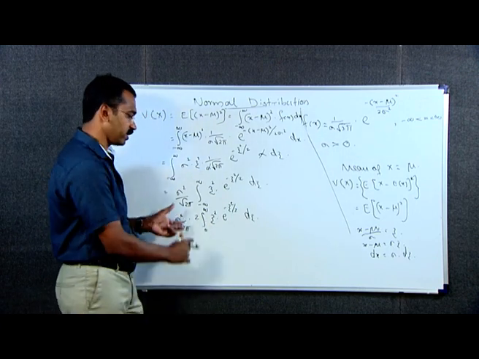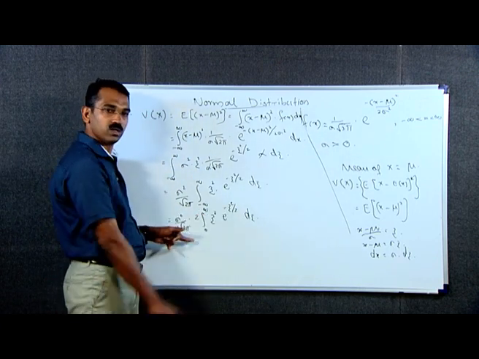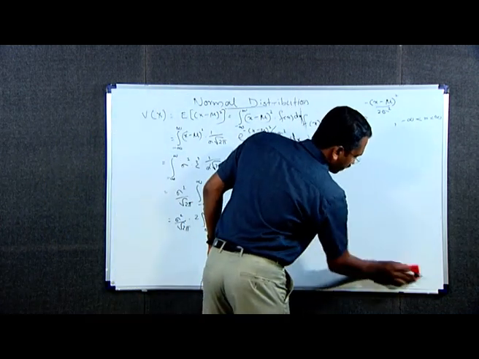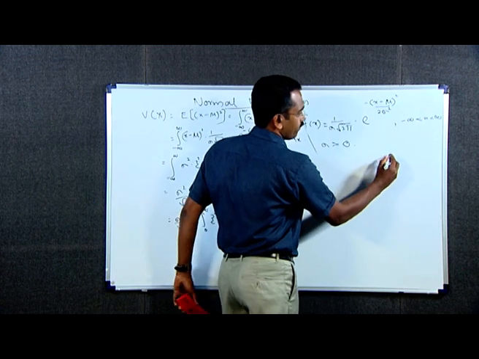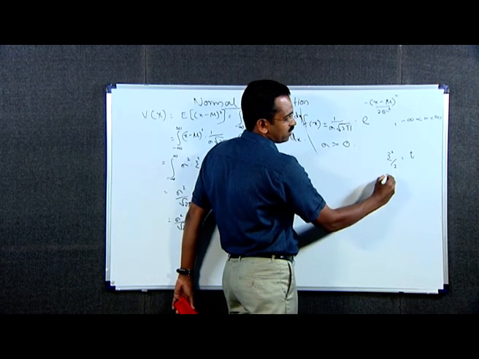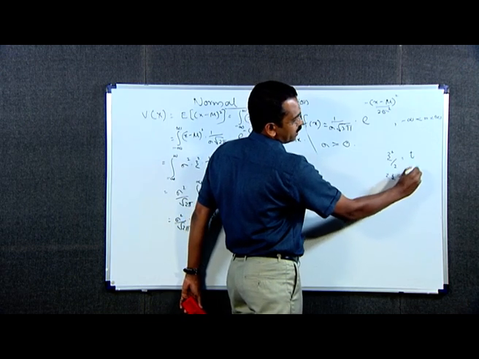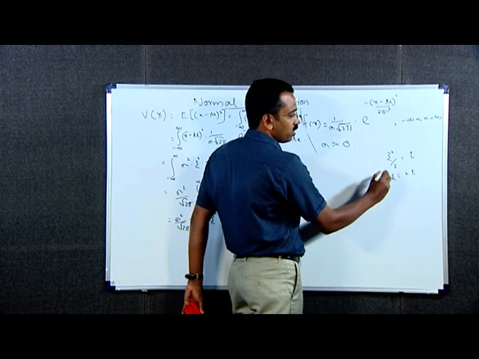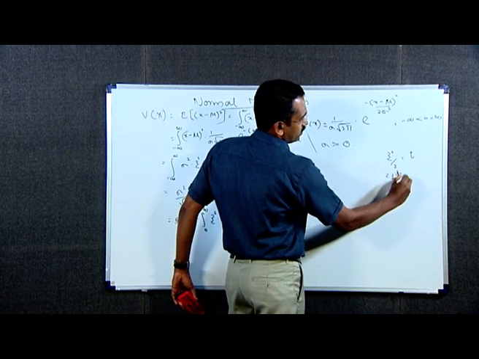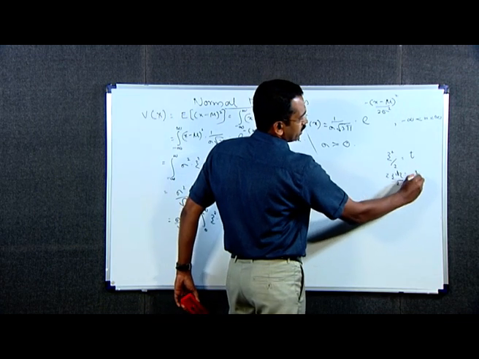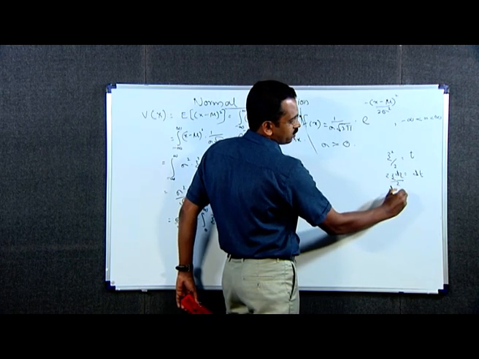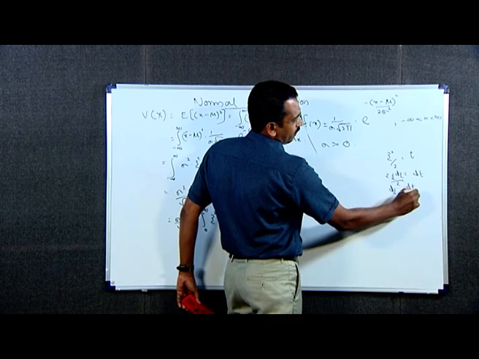Now, in order to evaluate this integral, we use the substitution z square by 2 is equal to t. That means 2z dz by 2 is equal to dt. That means dz is equal to dt by z.